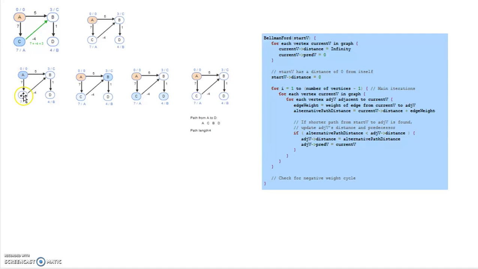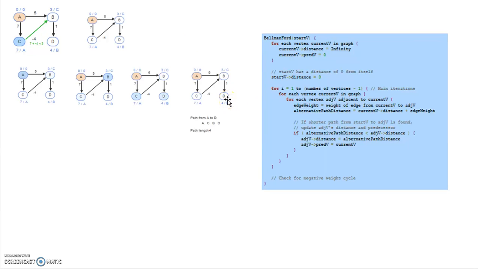There will be no update to C, no update to B. Move on to node B, no update to D. The distance will remain as 4. There will be no updates to D and C. Basically no work is done in the third iteration. During the third iteration, all the distances and predecessor nodes remain the same, and we are done.